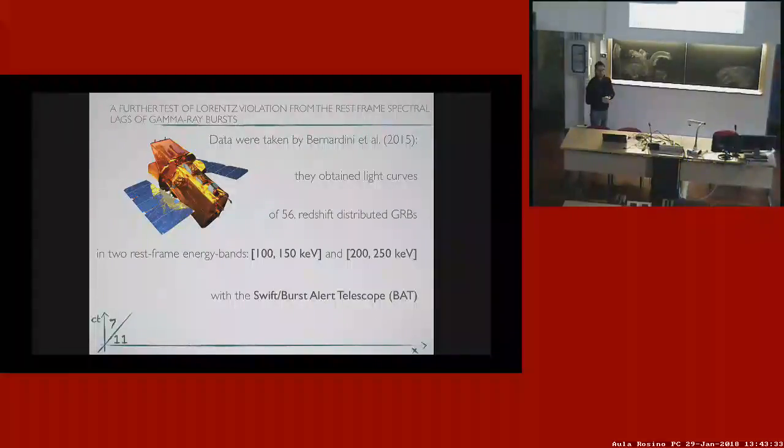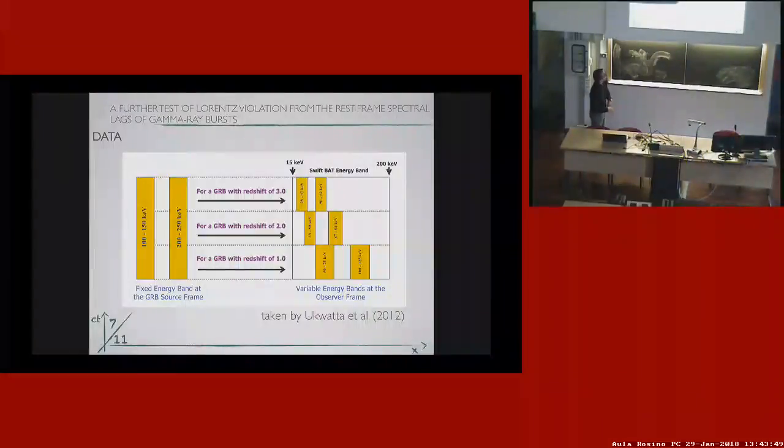The rest frame energy bands were chosen, as you can read, between 100 and 150 keV and 250 keV. These two bands were selected in order to fall anyway in the spectral sensitivity of the Swift instrument that the authors were using.